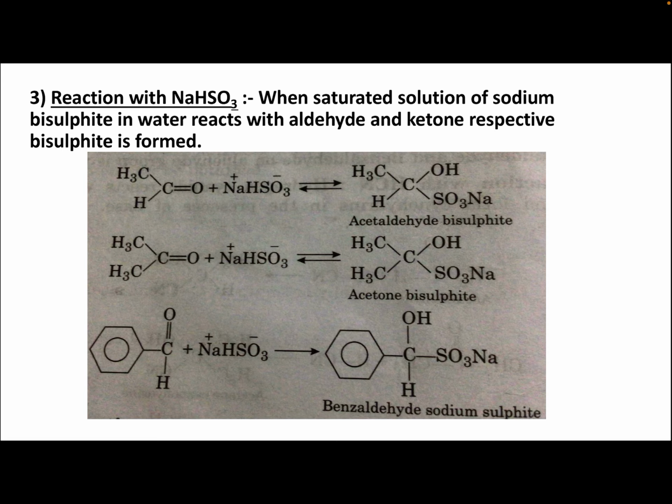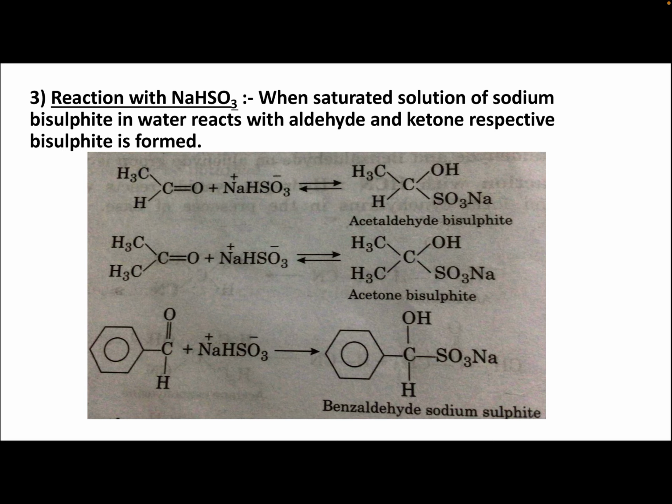Then reaction with sodium bisulfite. When a saturated solution of sodium bisulfite in water reacts with aldehyde and ketone, the respective bisulfite is formed. So acetaldehyde CH3C double bond OH plus sodium bisulfite NaHSO3, so Na plus and HSO3 minus. Then we are getting acetaldehyde bisulfite. Here again acetone plus sodium bisulfite gives acetone bisulfite, C, CH3, OH, SO3Na.